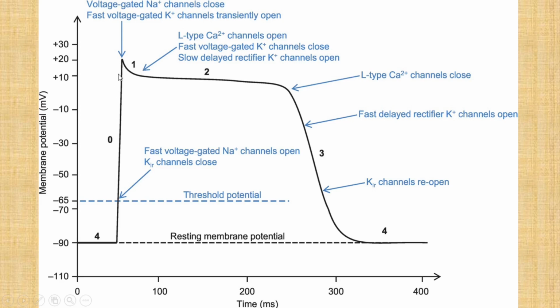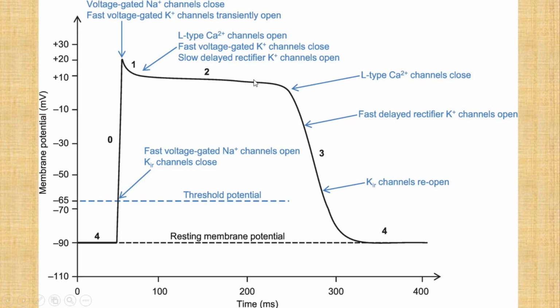So at the end of phase 0, sodium channels will close and this transient outward potassium channel will open. As the name suggests, it is transient, it opens for only a short period because it gets inactivated rapidly. After the end of this first phase, the plateau phase will start. It is because of the opening of the L-type long-lasting calcium channel, which will allow calcium ions to enter the cell.